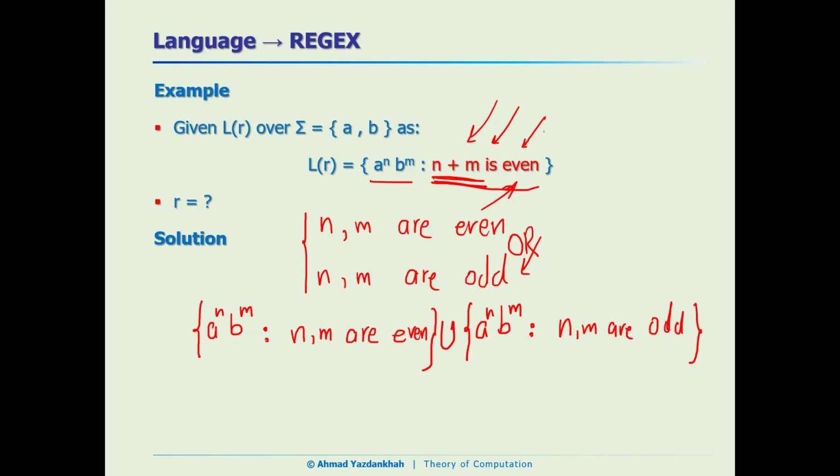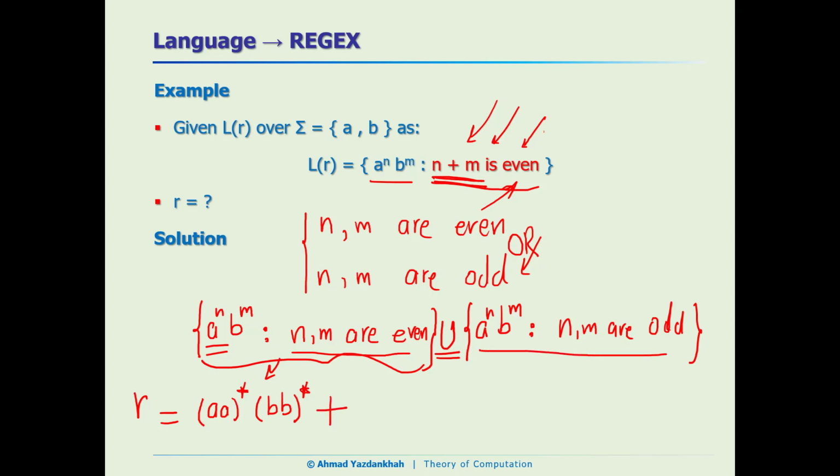Now we can translate this to regex. So A to the N, B to the M, N and M are even. We already know that it is (AA)*(BB)*. So this is for the first language, and we translate this union as the plus.